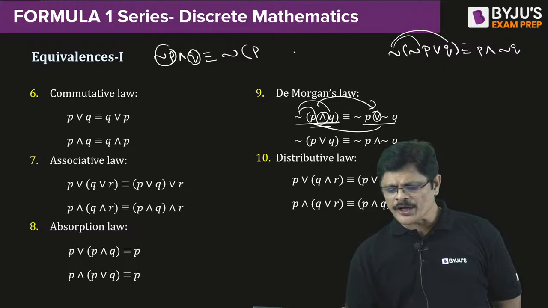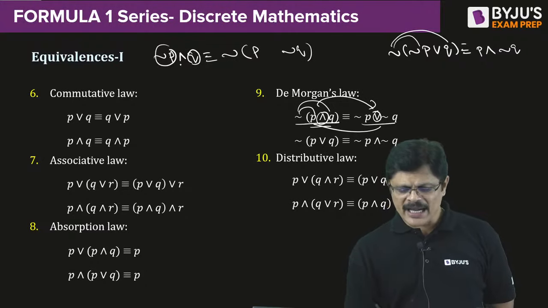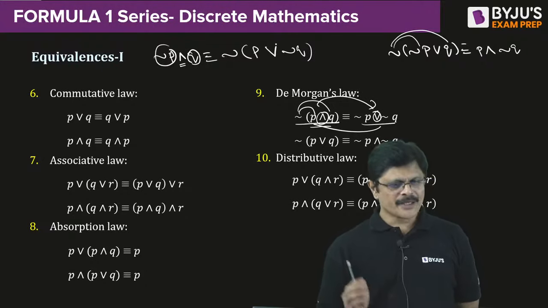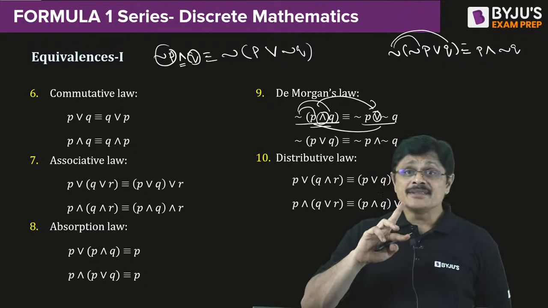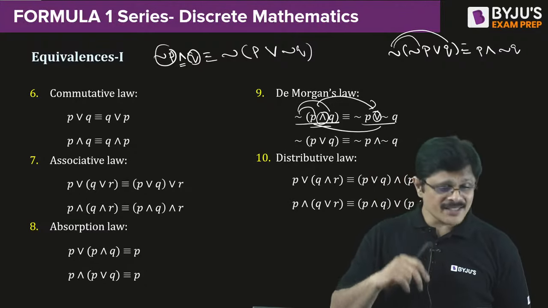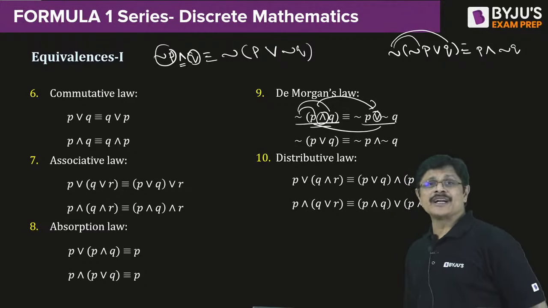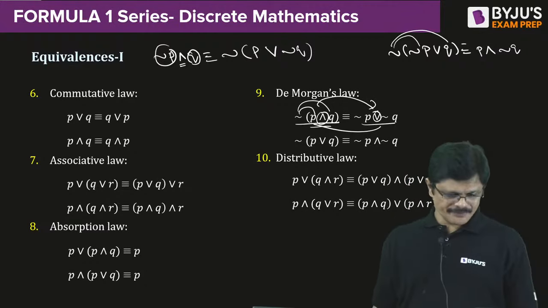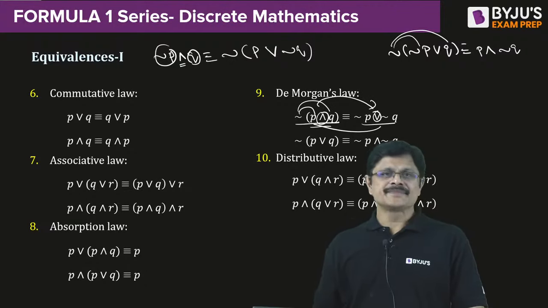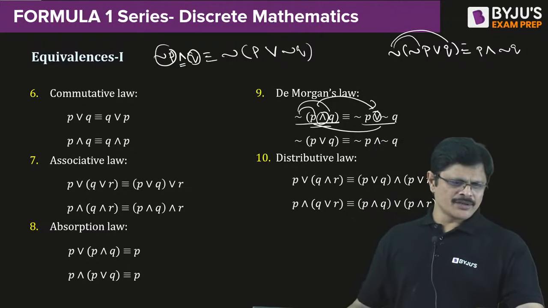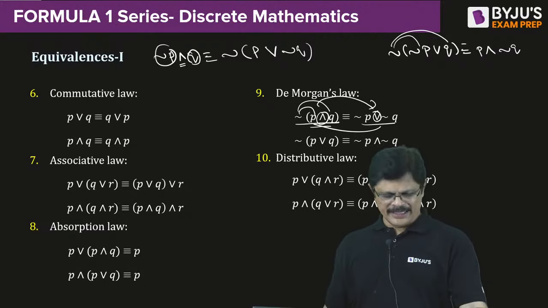Taking the negation common means negation Q remains and AND will change to OR. So we should see the results in both directions. Equivalences means two-sided conditions, my dear friends. Is the idea clear? Yes or no? Any doubts?